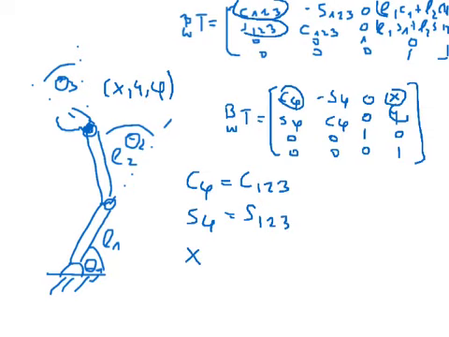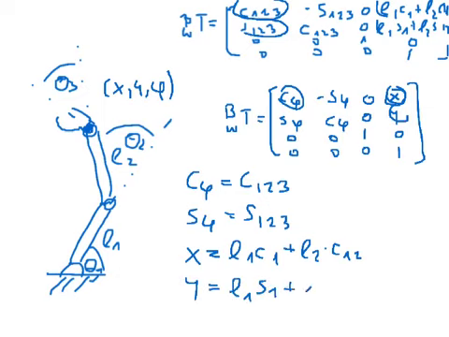And we can write down x equals L1 times cosine 1 plus L2 times the cosine of theta 1 plus theta 2, and for y it's L1 sine of 1 plus L2 sine of theta 1 plus theta 2. So our goal now is to solve those equations for theta 1, theta 2 and theta 3, and to get x, y, and phi, which are the desired pose parameters, on the right hand side.